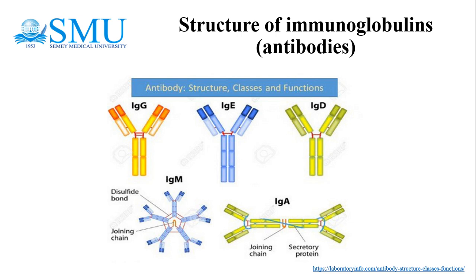And the constant region, from heavy chain to light chain. Light chain constant region and heavy chain constant region, this part. It constitutes the remaining part of an immunoglobulin molecule other than the variable region. And next is the disulfide region.